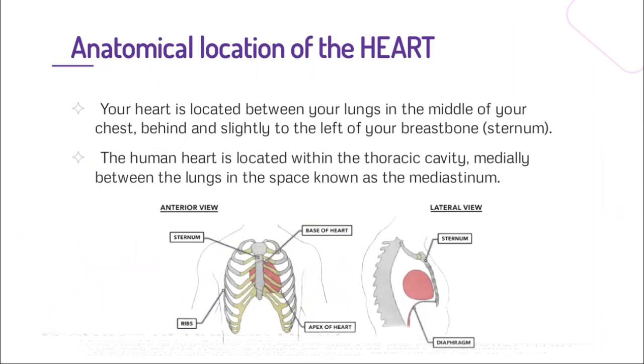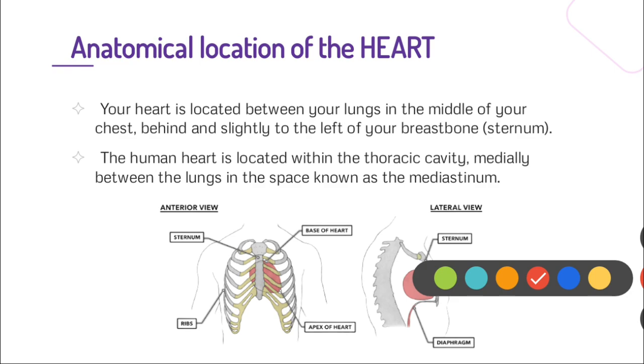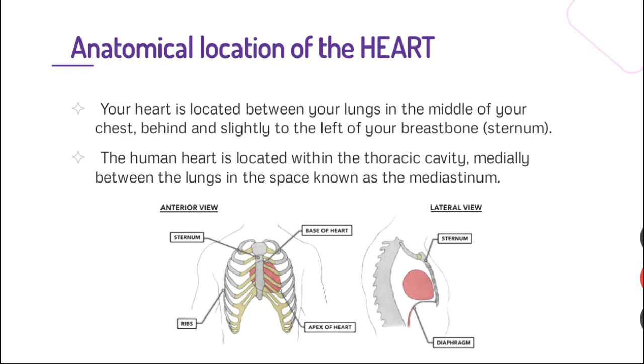Now let us see the anatomical position or anatomical location of the heart. Where is your heart located exactly? Your heart is located between your lungs, in the middle of your chest, behind and slightly left to your breastbone or sternum. This area is called the mediastinum.